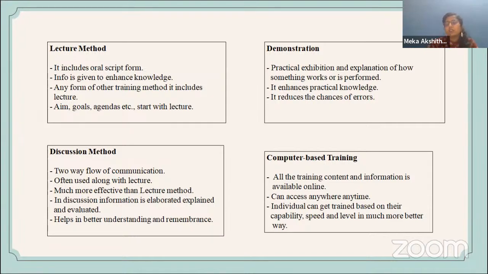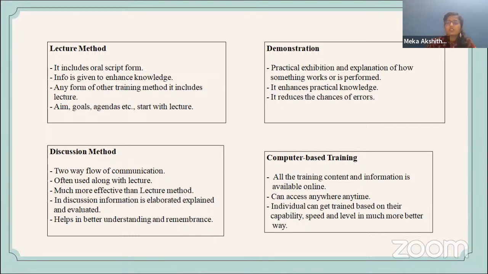As it involves practical knowledge, the employee would know how to use that particular material or apparatus. It is more effective when it is offline, as in when it is face to face in the office or organization settings. But it can also happen online. Practical demonstration can also be online, but that won't be that effective.